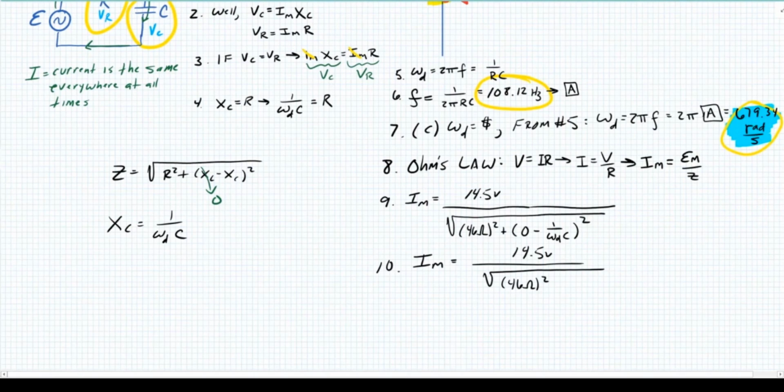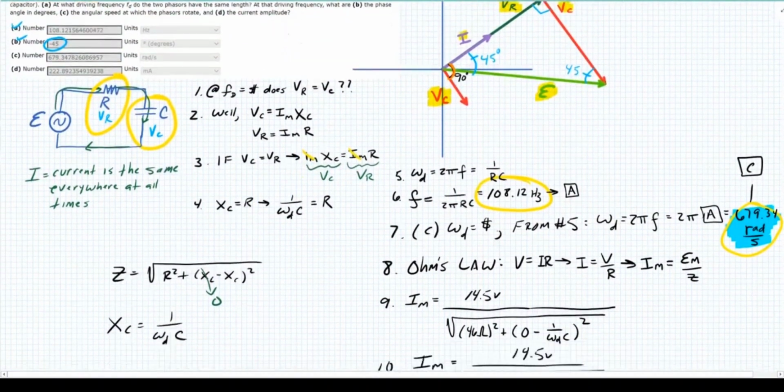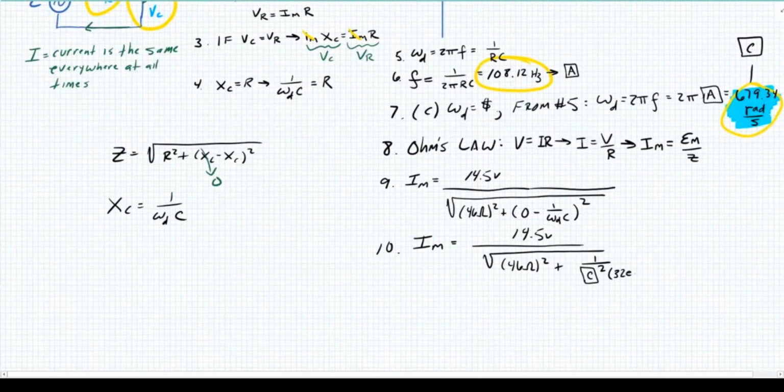And since I'm squaring it, I can just say it's going to be plus 1 over omega D, which is sitting there in calculator memory location, I guess I'll put this in C. Store alpha C. I'm going to take the angular frequency of my generator, calculator memory location C, squared, times the capacitance squared, which for me is 32 microfarads, 32 e to the minus 6, squared. And that should do it.